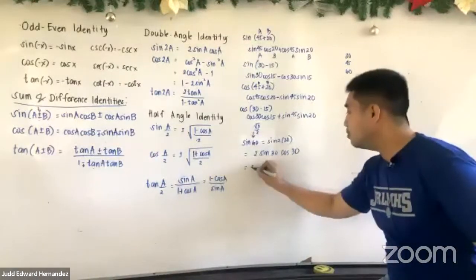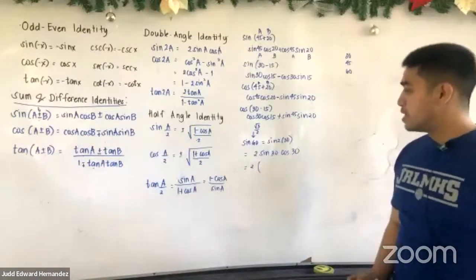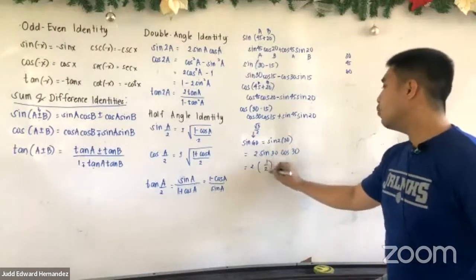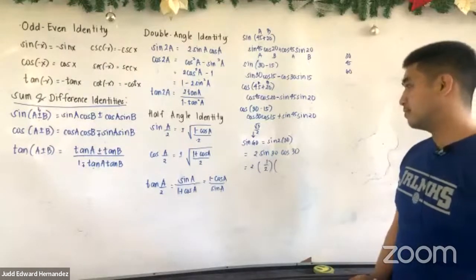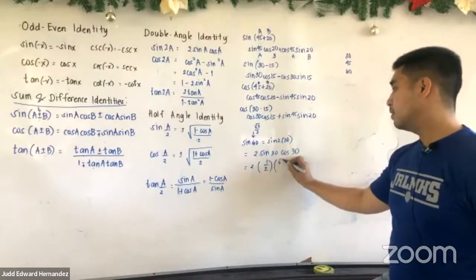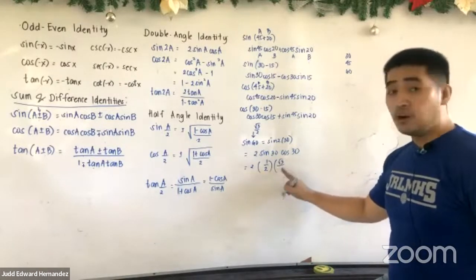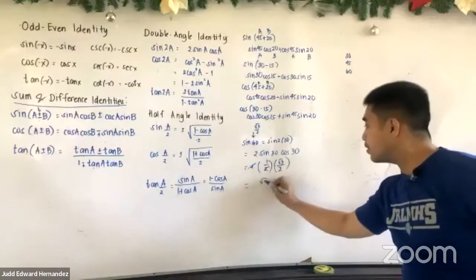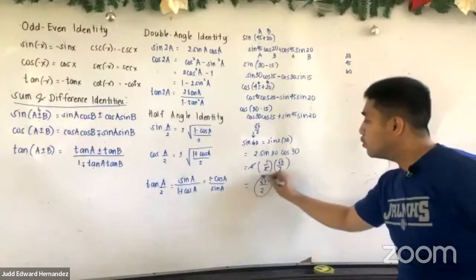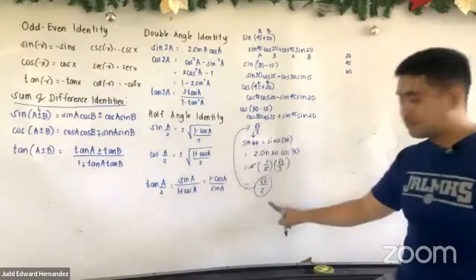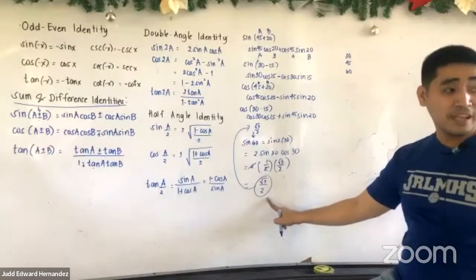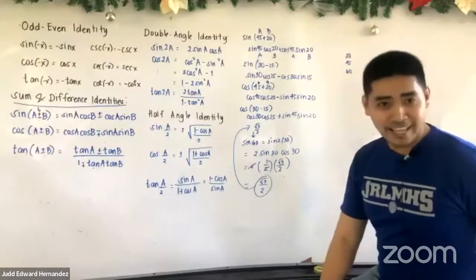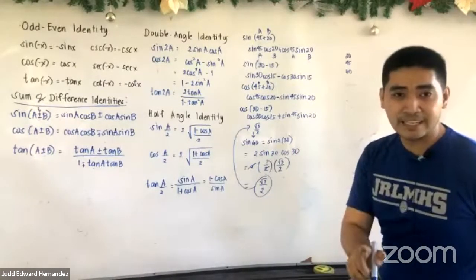This is 2 times sine 30, which is 1/2, times cosine 30, which is square root of 3 over 2. Cancel 2, cancel 2. 1 times square root of 3 over 2 is square root of 3 over 2. Do we have the same answer? Yes. Okay. So that is how we apply the double angle identity using sine.